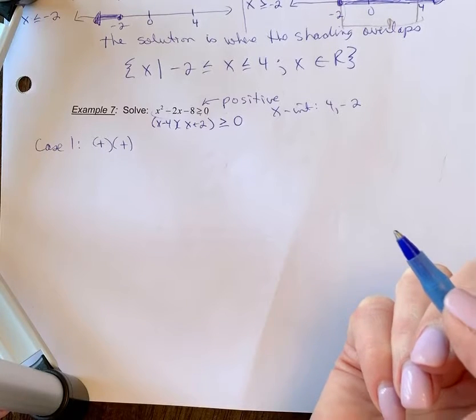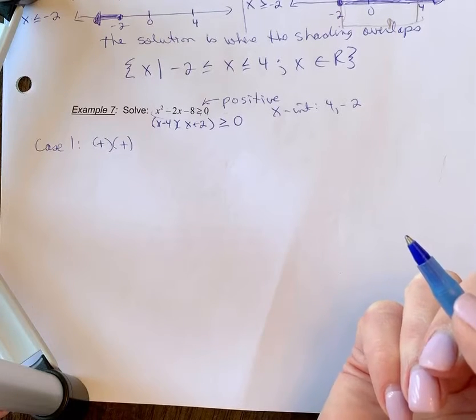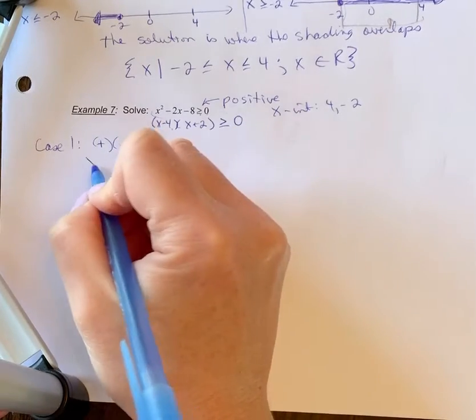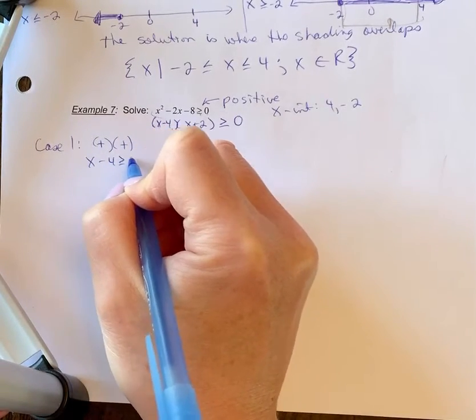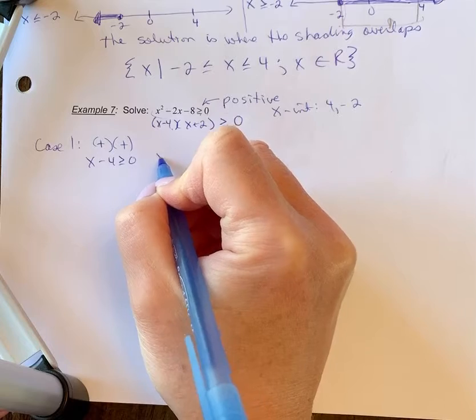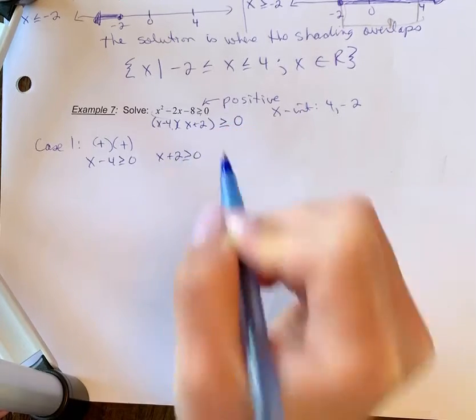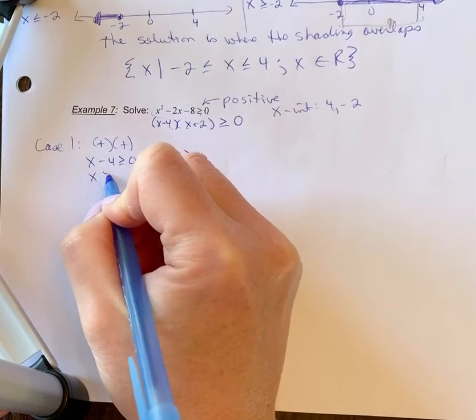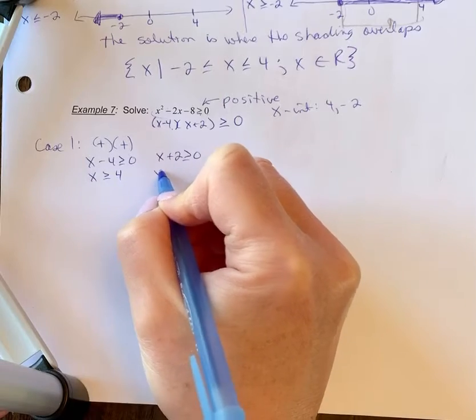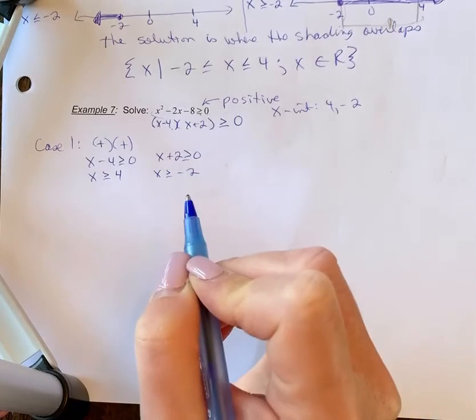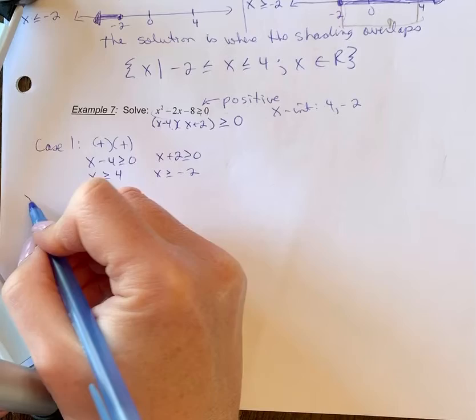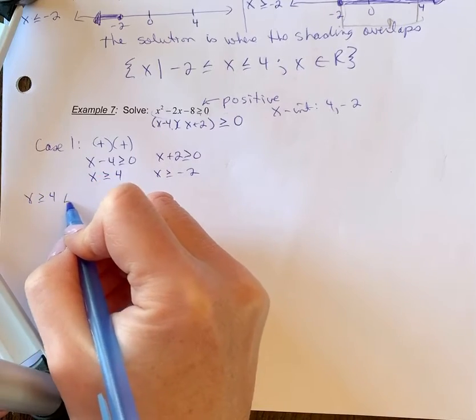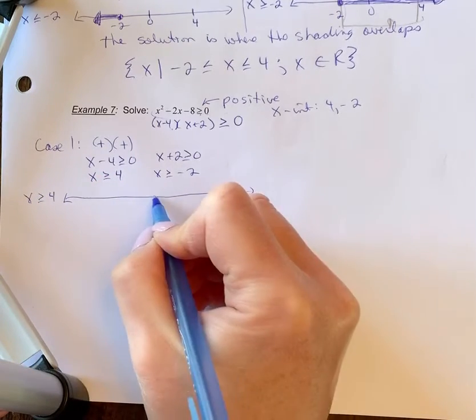So case 1 is talking about if the first factor is greater than or equal to 0 and the second factor is greater than or equal to 0. So we would have x is greater than or equal to 4 and x is greater than or equal to negative 2.